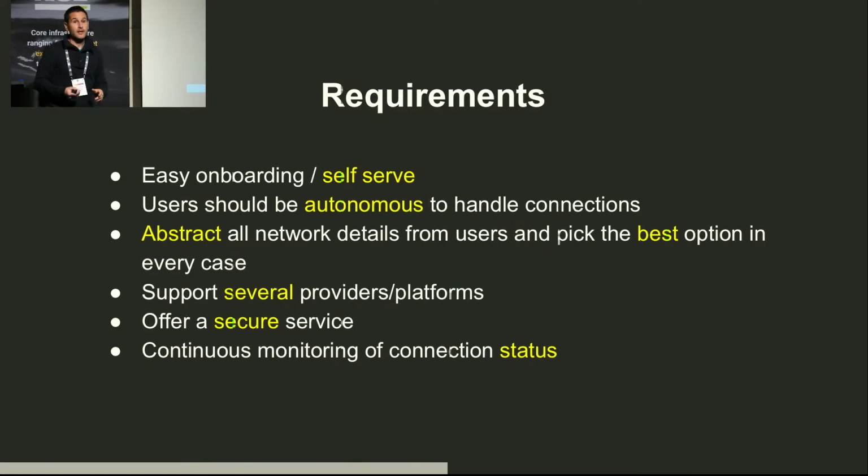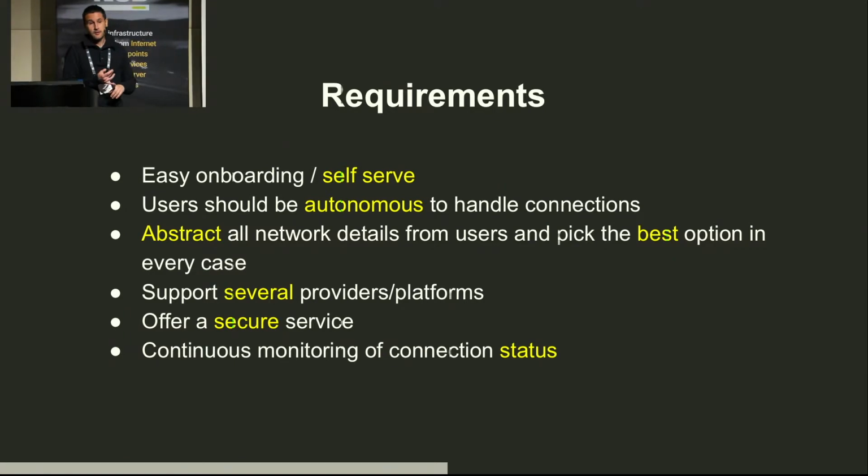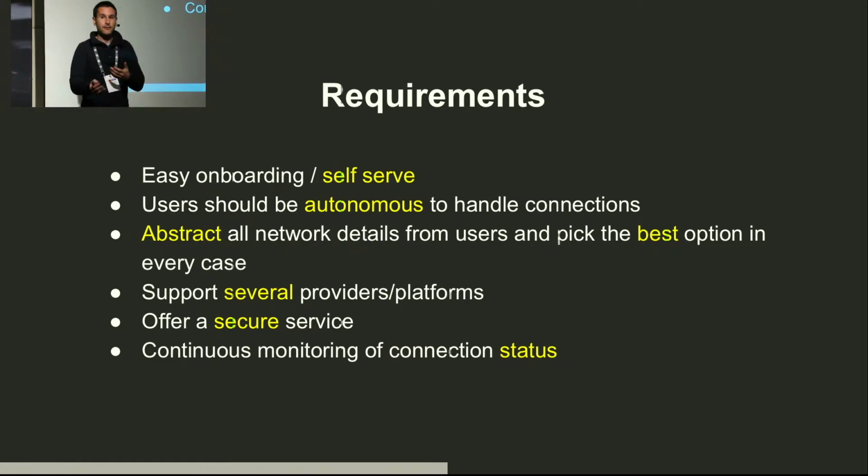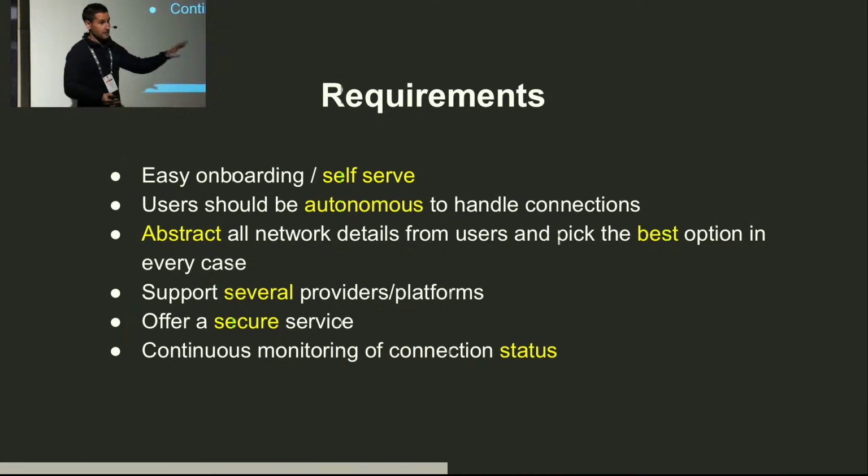So the requirement that we got from the users is that this network service should be self-serve, self-onboarding. This means that a developer needs to use the network without caring about the details. We create something where the developer is completely autonomous, just to create a service and connect to other services. This connection doesn't happen magically.